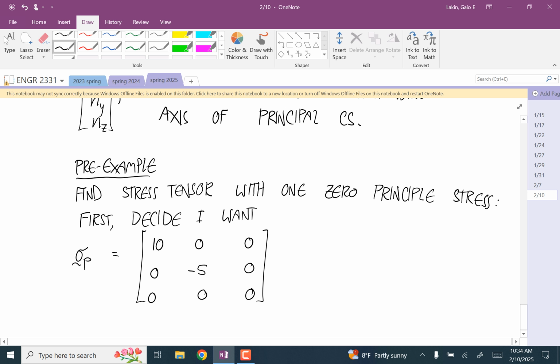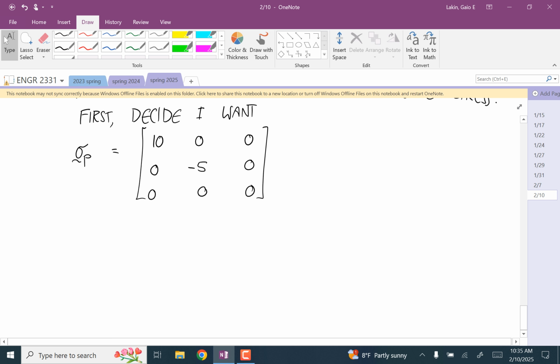Okay. And then just give the coordinate system a spin. So I'm going to take this, and now I'm just going to rotate the coordinate system to mix up the values. So now we're going to rotate the CS, let's say 30 degrees about the y-axis.